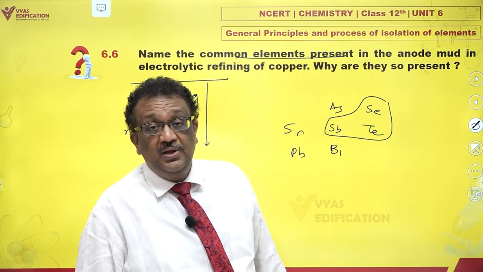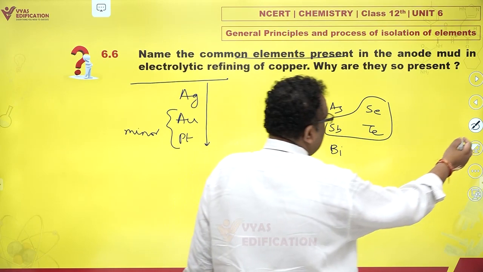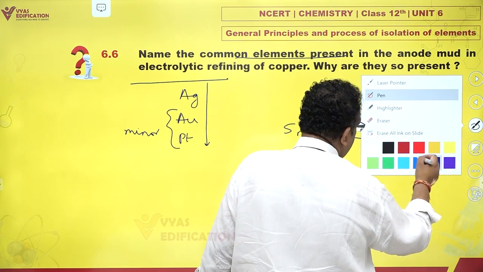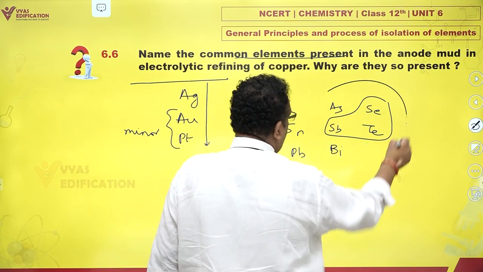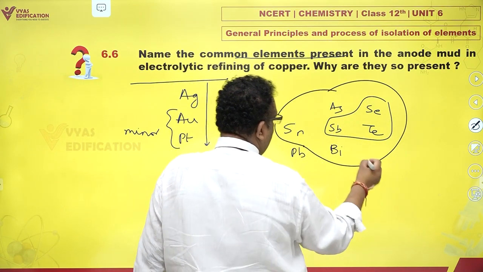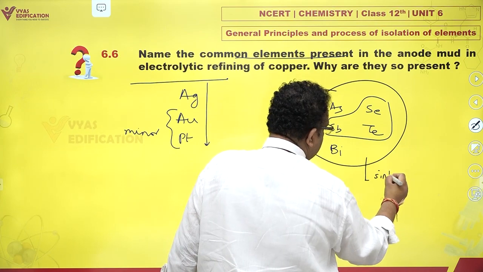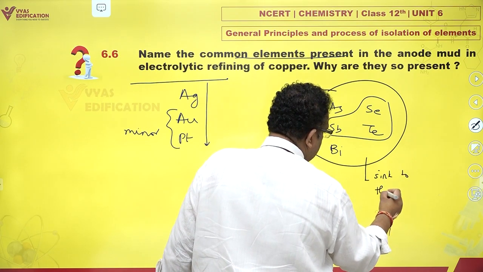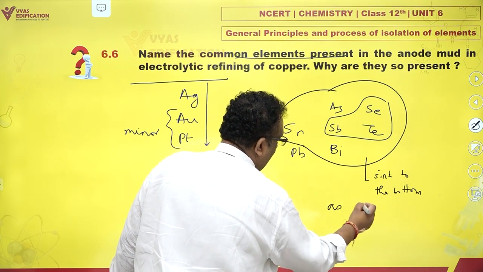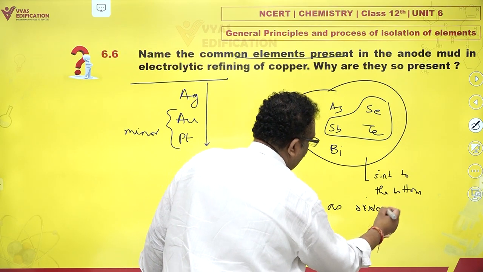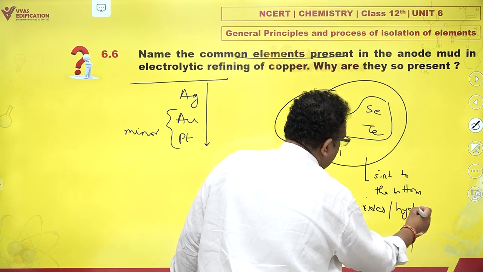What happens to them? Invariably, see, the thing is, they are not the ones which can remain in the solution as ions very easily. So they sink to the bottom as oxides or hydroxides.